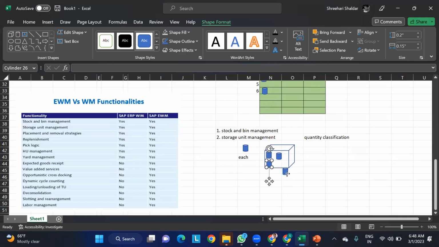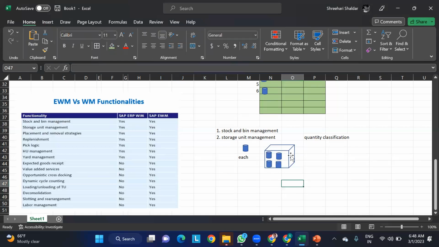Means I can say one carton box is equal to 4 pieces. This is the quantity classification we are doing.